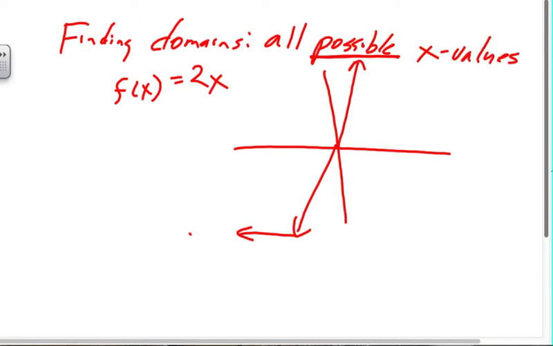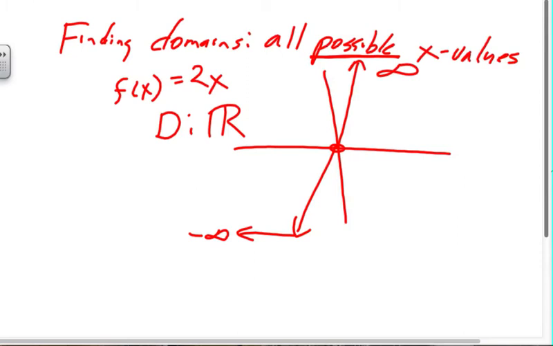I'm going off to negative infinity. I'm including all possible negative values. 0 is included in here. I'm also including all possible positive values. In other words, there's no x value in this function that's left out, so my domain is going to be all real numbers.